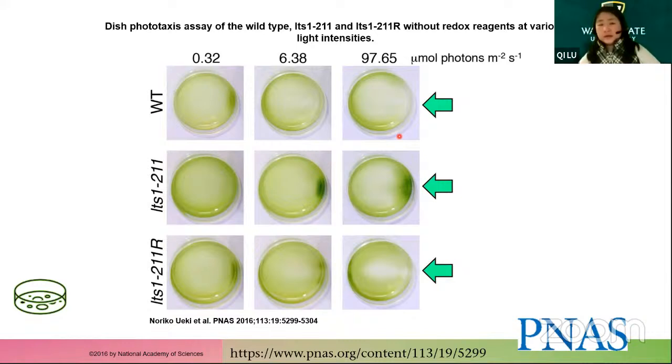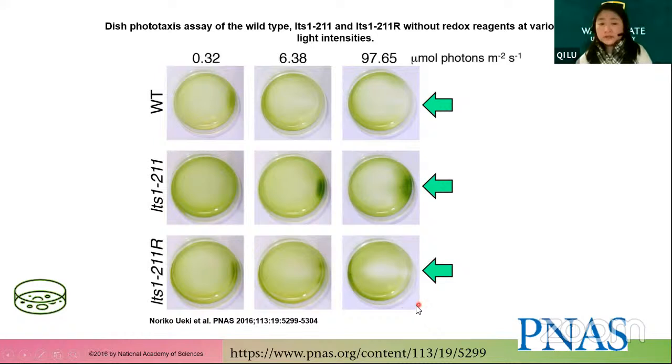So it's like they prefer to stay in a certain light intensity. But some mutants just do not have this strong light avoidance behavior. So more light attracts more of the green algae.